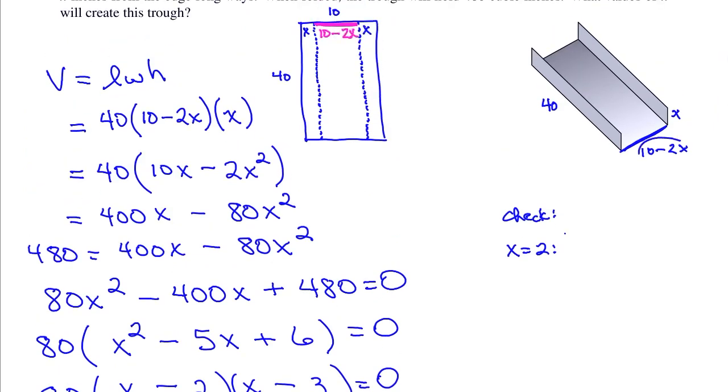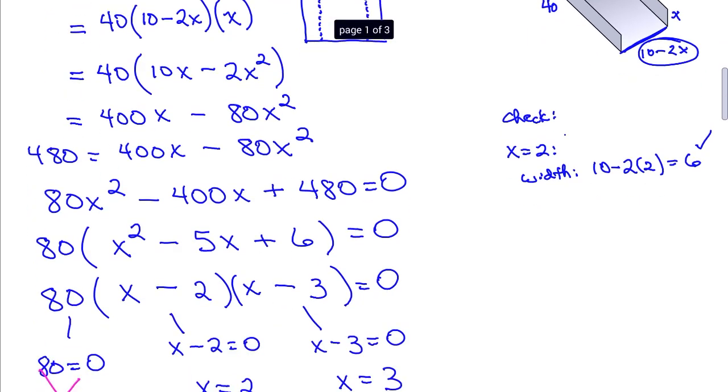That's the formula 10 minus 2x. So the width would be 10 minus 2 times 2, and that is equal to 6. That makes sense. I can have a width of 6, no problem. So if the width checks out, then the rest of the formula will check out. So x equals 2 works. And now what about x equals 3?